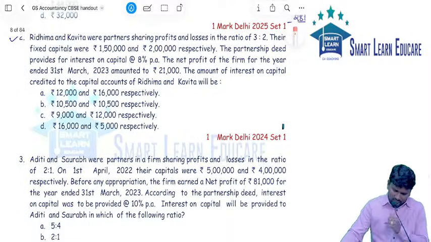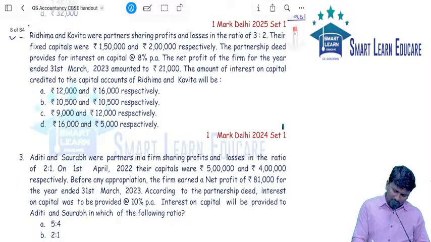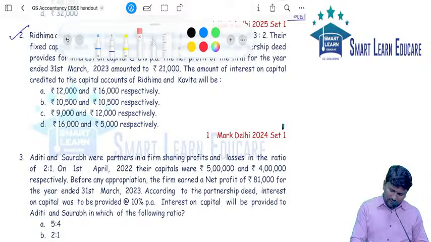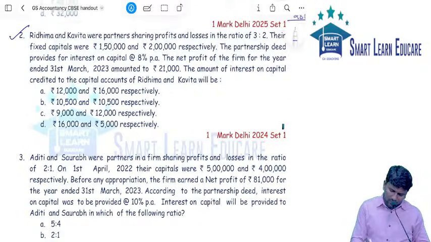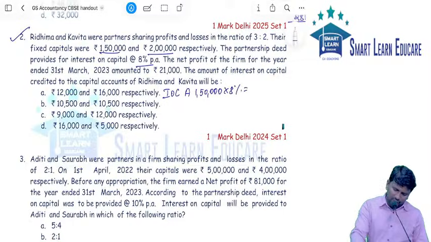Listen friends, for question number 2, it is given that partners oda capital. What is the partners capital? It is 1,50,000 and 2 lakh. Partnership deed provides for 8%. So first tell me what is interest on capital of A. How to calculate 1,50,000 into 8%? 1,50,000 into 8% will give you 12,000.